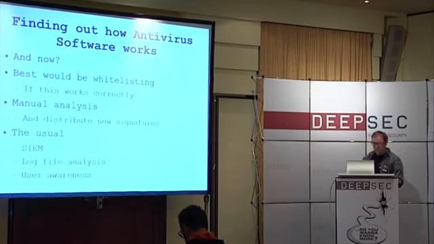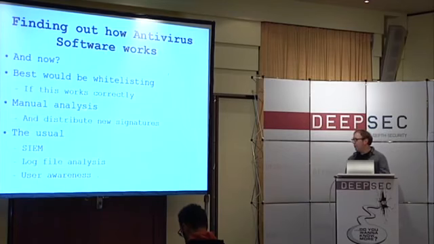And what can you do now as an administrator or as an IT security guy? I think the best would be whitelisting. Of course, this is not that easy and it has to work correctly.